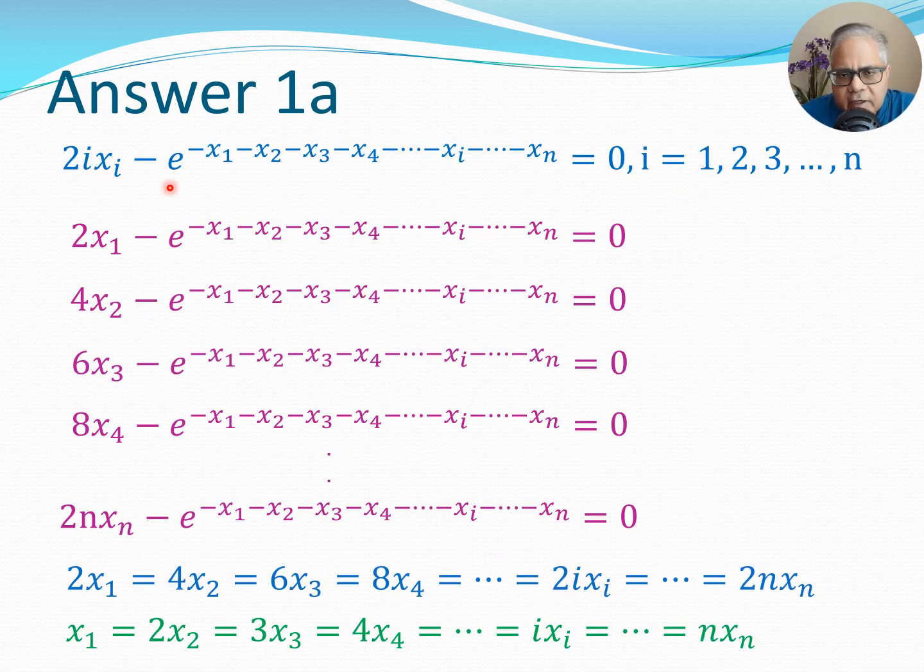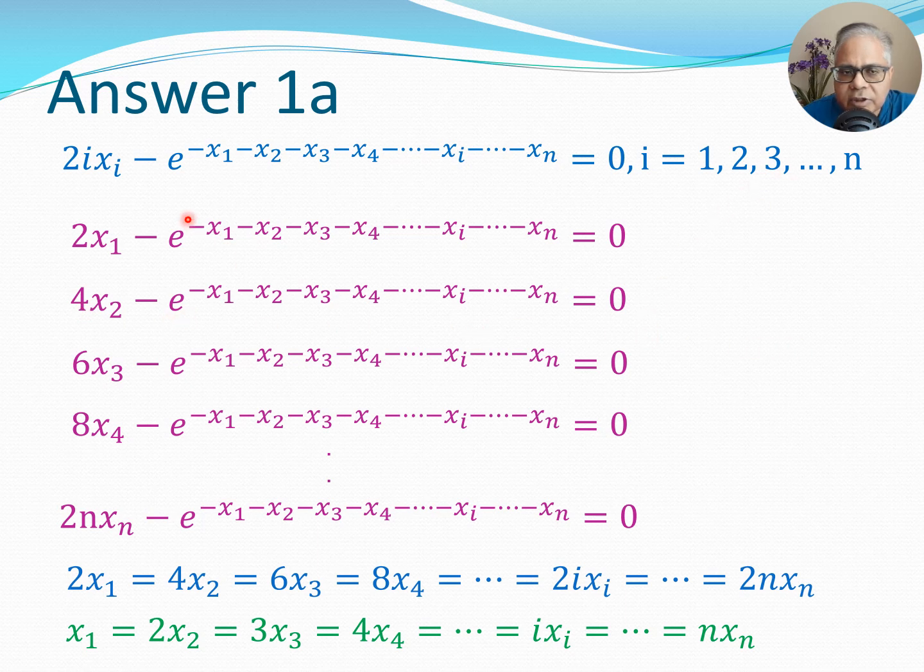Now if we take a look at this equation, let us try to look at its particular components using i is 1, 2, 3 to n to get the hang of these equations. So first I put i is 1 and so I get this equation here. So it simply becomes 2x1 minus this exponential term is 0. Then I put i is 2, I get 4x2 minus this exponential term is 0.